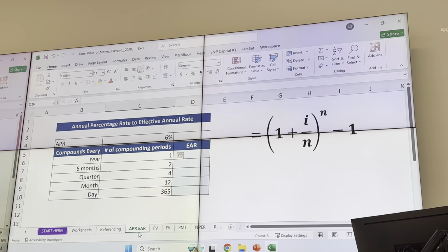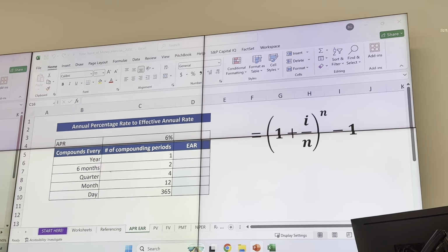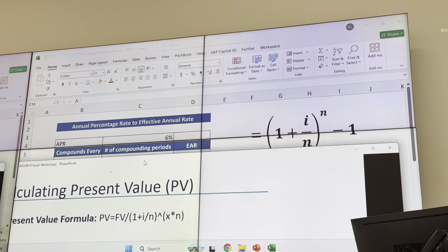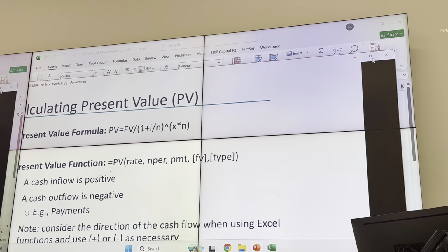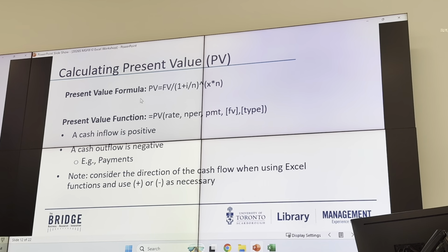Now let's move to the APR, the time value of money. So the present value formula is known as the discounted value of the future value.